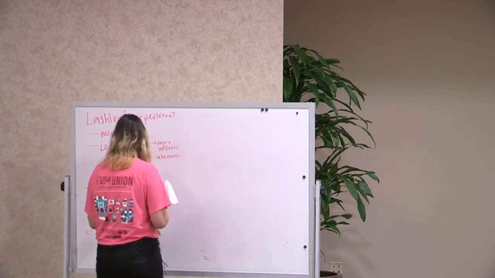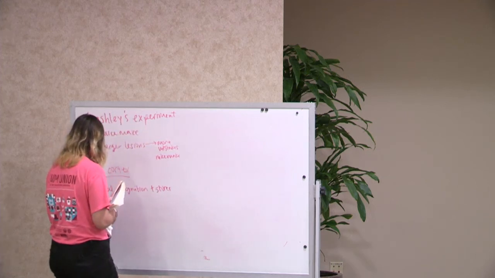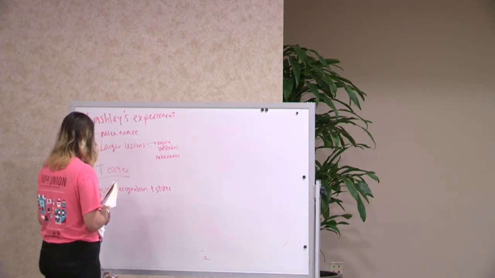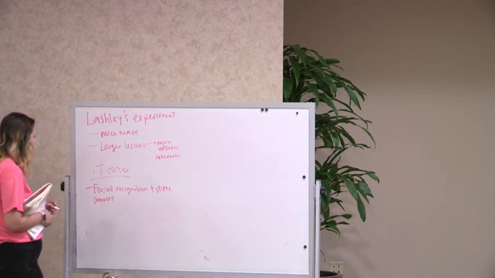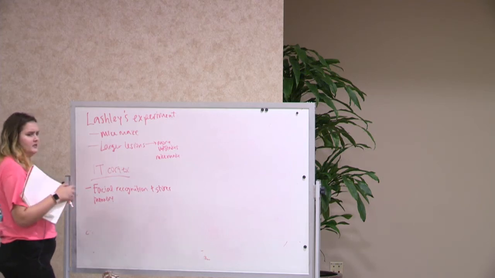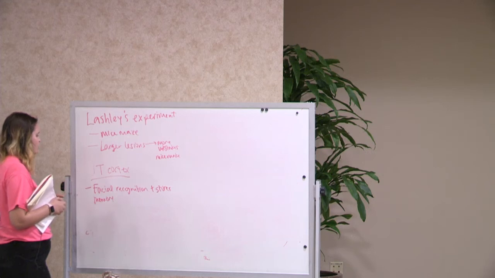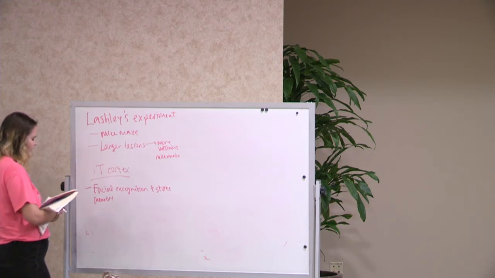He stressed that a lot on his slides. And they had an experiment with the monkey recognizing different faces, and there was a graph with it and everything. So I would look over those slides. But that's IT cortex.